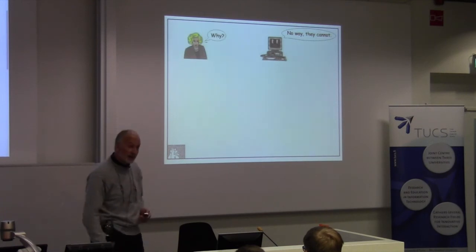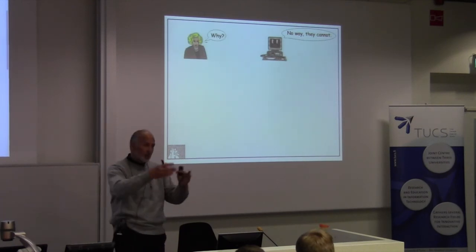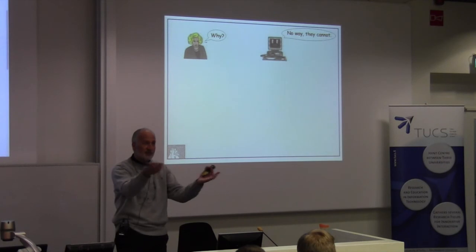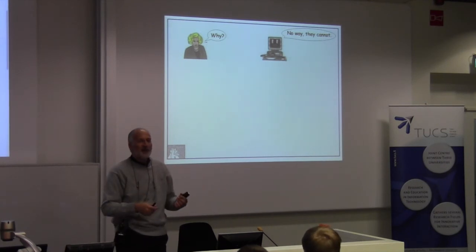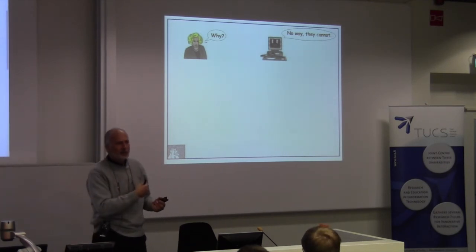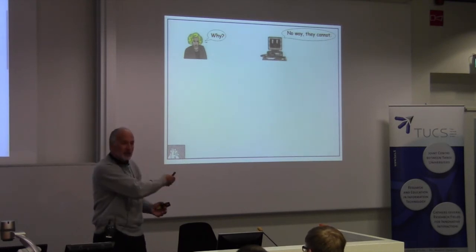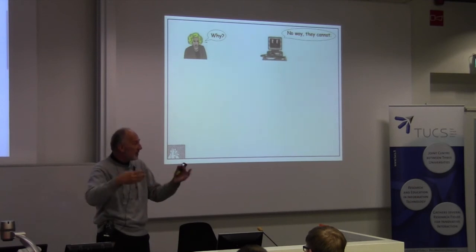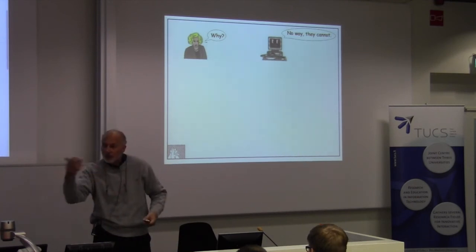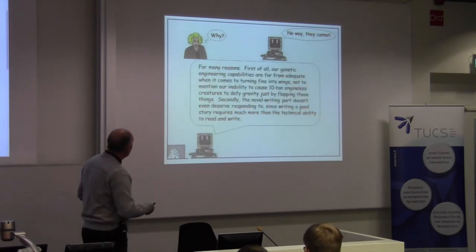And she says, why? Now, if you're a human being, which most of you look as though you are, how would you proceed? Well, I don't know how you would, but I would say something like the following, and maybe you would say something a little different. I would say something like, for many reasons.